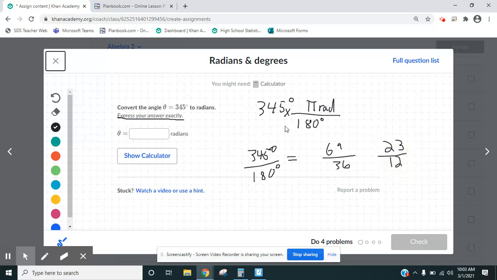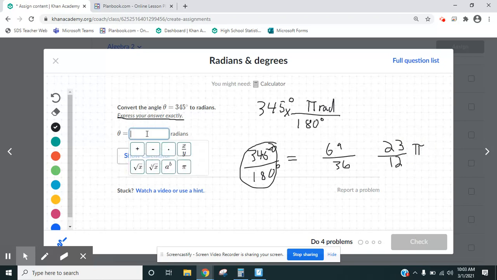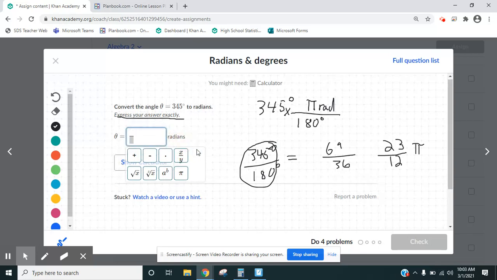Now, don't forget, that's just dividing by 180. We also have this little pi. But do not multiply by the pi button on your calculator. That's not what we're trying to do. We're trying to rewrite it exactly. So our answer is going to be 23 pi over 12.